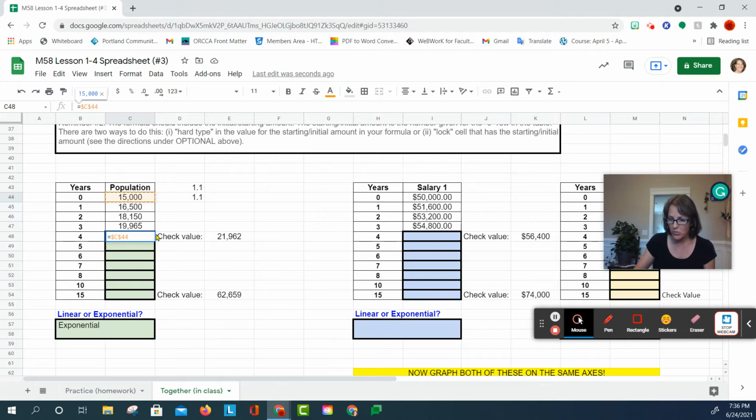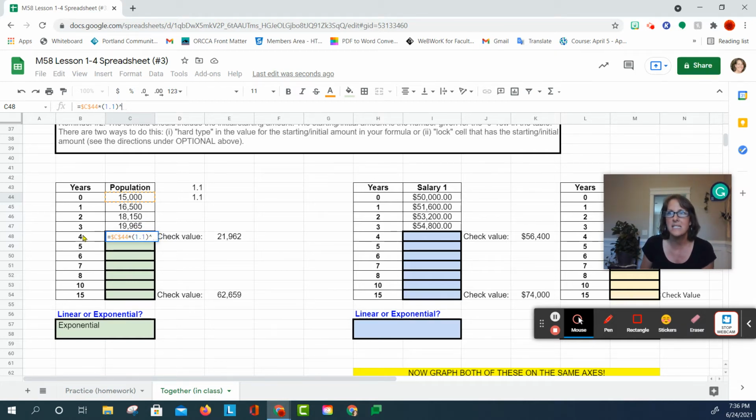Now I'm going to multiply that, so I'll put a multiply and open a parentheses. I'm going to use my ratio of 1.1 that I found when I divided year 1 by year 0, and then close the parentheses and raise it to the power. Raised to the power is the caret that's above 6, so shift 6 gives me the raised to the power, and the power that I'm going to go to is my year.